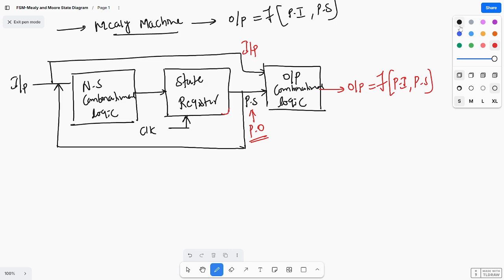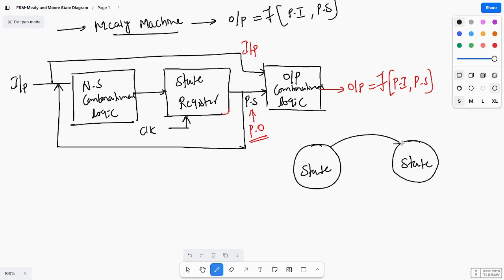Now if you see the state diagram, this is one state, and this is another state. When it is going from one state to the other state, it is represented as input by output.